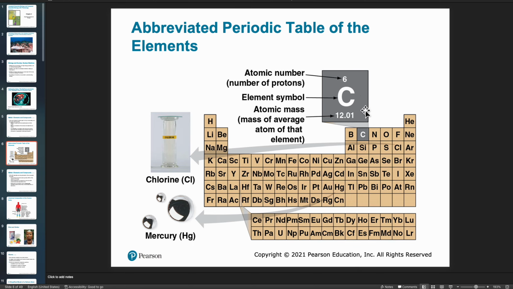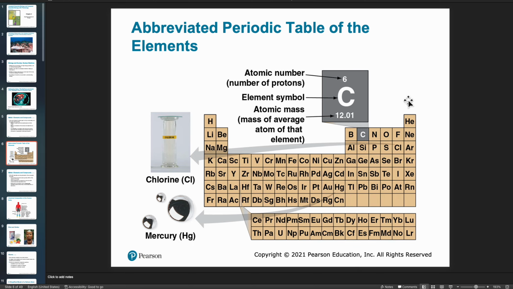So the number of neutrons is always going to be decided by subtracting the number of protons from the mass, and that will give you the number of neutrons. So another way to say it is that neutrons plus protons make up the mass. And in this example, 6 being the number of protons, 6 being the number of neutrons, that's how you got the mass of 12 here.